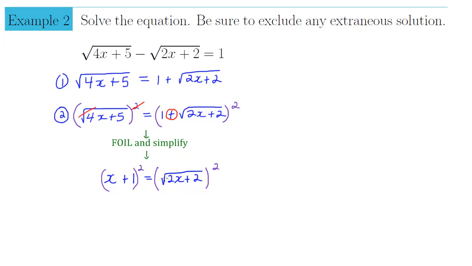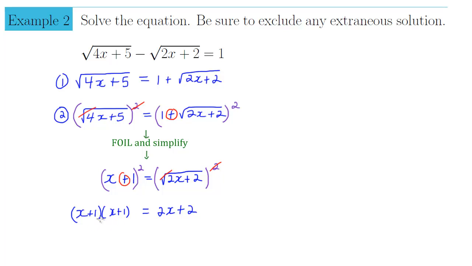On the right side, it's a pretty straightforward calculation. The square and the square root cancel each other out, and they leave you with what was underneath, which is 2x plus 2. On the left side, because of the plus sign, you know that it's another foiling problem. You have a binomial squared. So you're going to have to calculate what x plus 1 times x plus 1 is.